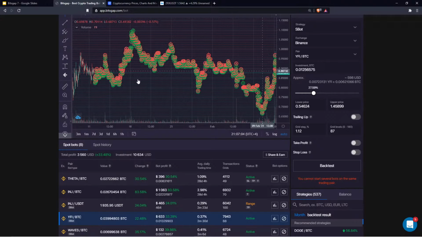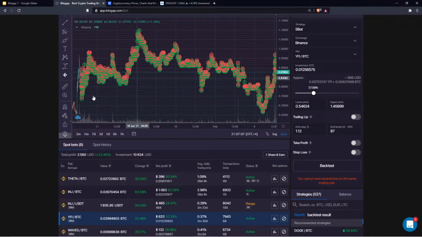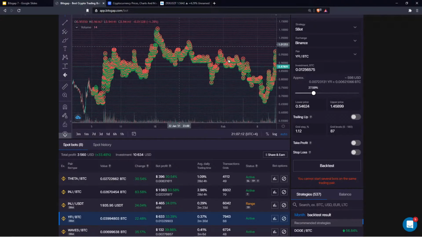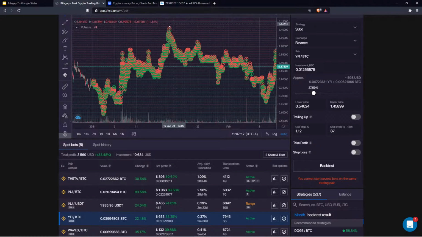So the profit generated before on this rally over here offset the negative change of the base currency as it started to fall from that higher high, and you see it started to fall. So that's why my investment change is 22%.